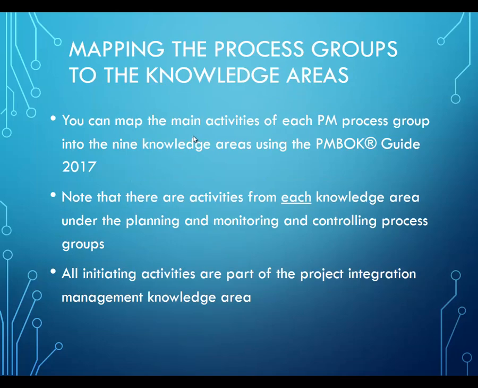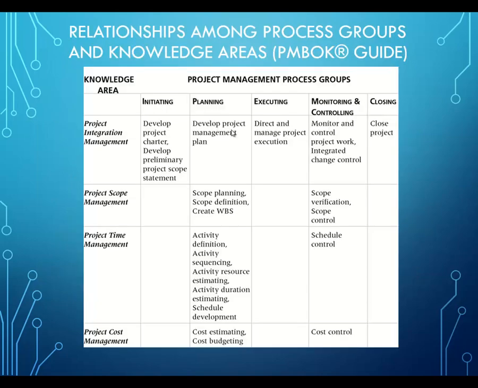The main activities can be mapped to different knowledge areas as referenced in the Project Management Book of Knowledge 2017, the 6th edition. There are activities from each knowledge area under the planning and monitoring and controlling process groups. The table on this slide and the next slide shows the activities mapping from the different phases to the different project management knowledge areas.